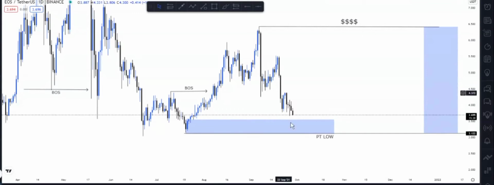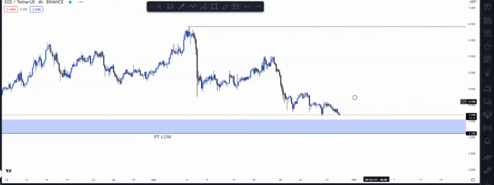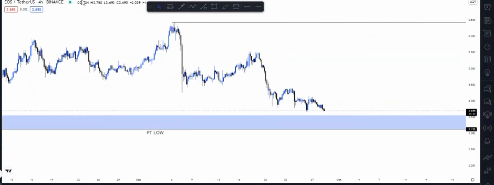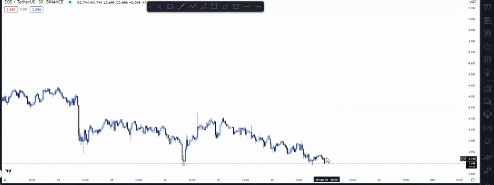So right now there's nothing to do because it hasn't yet entered my zone. And I don't want to refine this. Let me just check that. Just look at it. For real, there's nothing to do here actually.